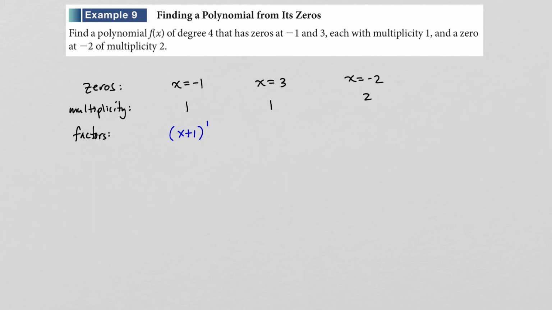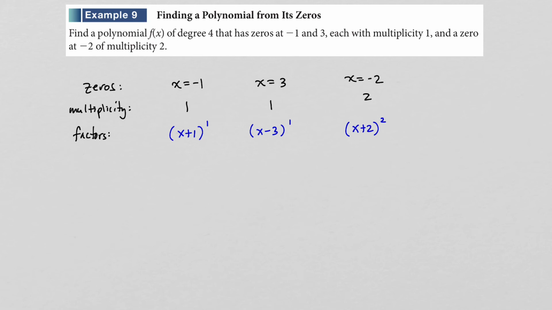If x equals 3 is a 0, then x minus 3 will be the factor, and the multiplicity there will also be 1, so it's raised to the first power. And if x equals -2 is a 0, then x plus 2 is the factor, and its multiplicity, they tell us, is 2.